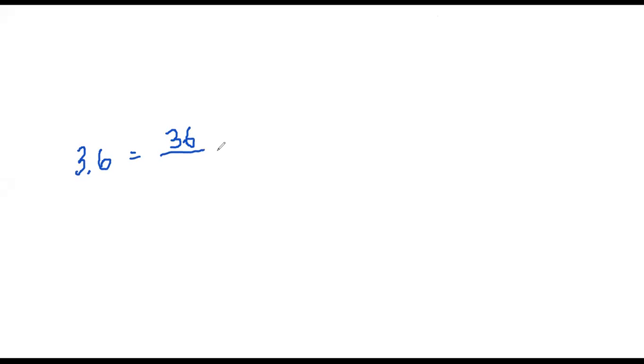May nadinig ako, over 10. So, tama yon. 36 over 10. Bakit sir over 10 lang? Kasi, ang ating place value ng decimal is tenths lang. Sa decimals pa rin tayo titingin ha. So, tenths lang yung decimals natin. So, that is 36 over 10.